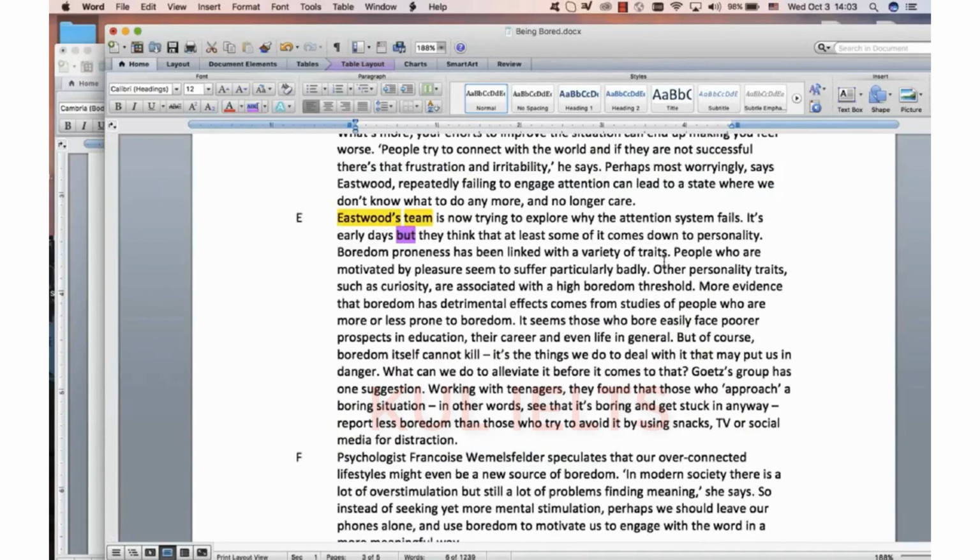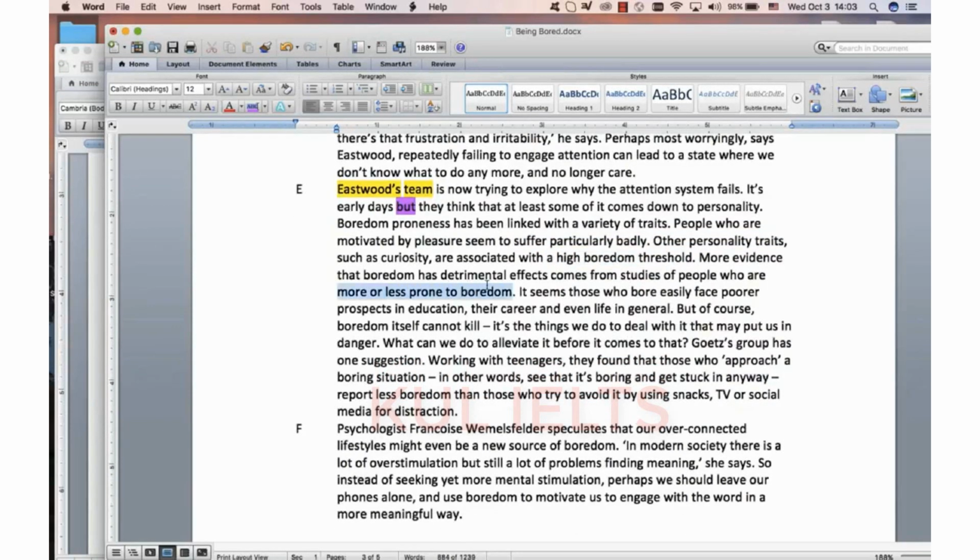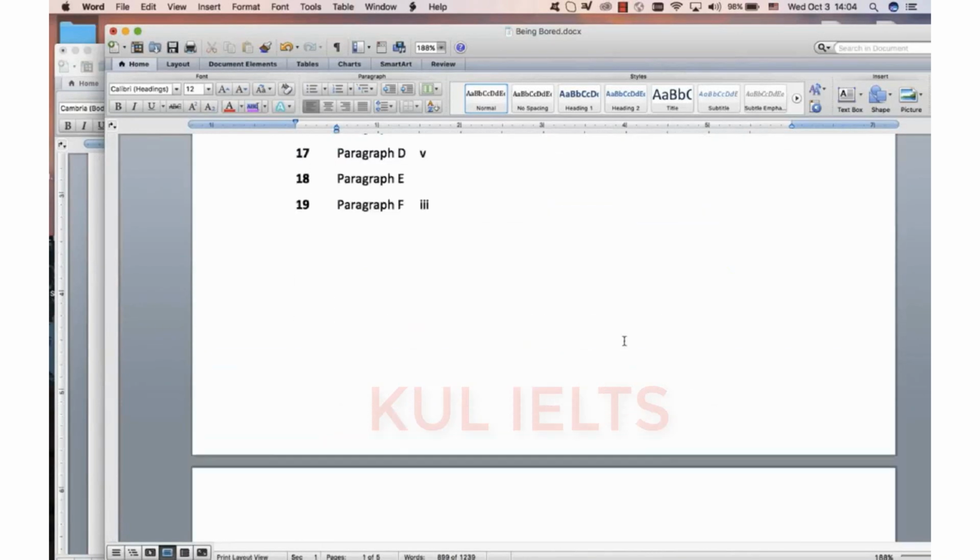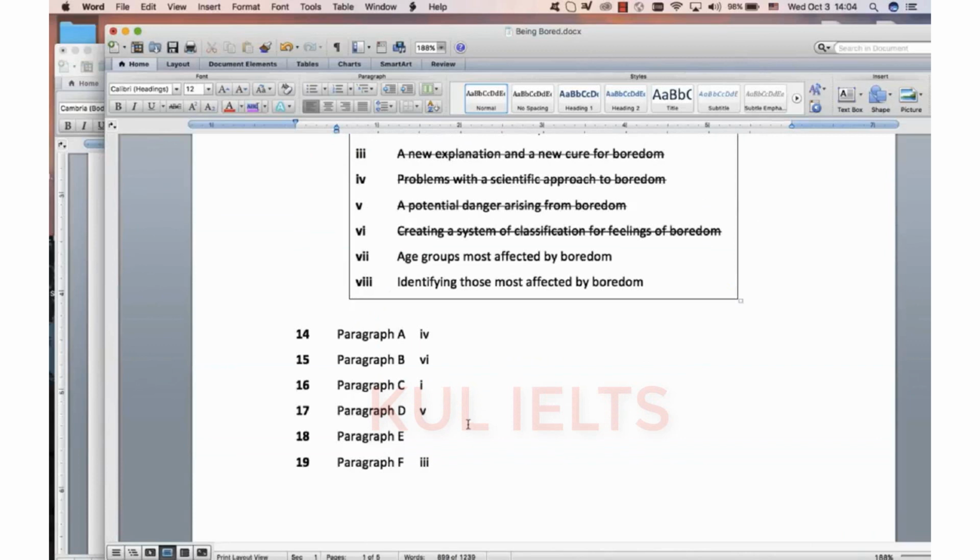It's the types of people with certain personality traits seem to suffer very badly, and those ones have a high threshold. And there we go, more or less prone to boredom. Prone means to be affected, able to be affected by it. Those who bore easily. So this is how much people are affected by boredom. So detailed reading of this makes it quite clear that paragraph is 8.